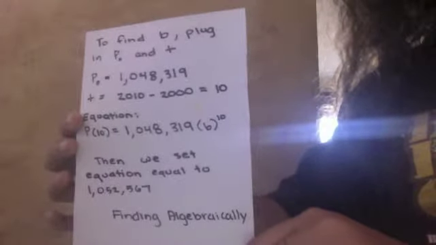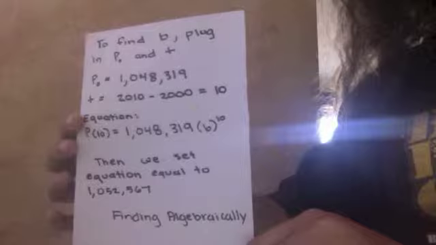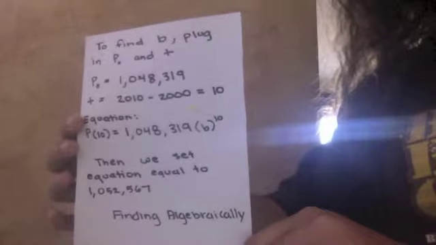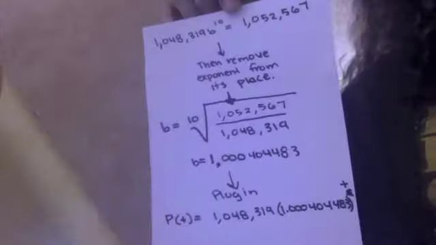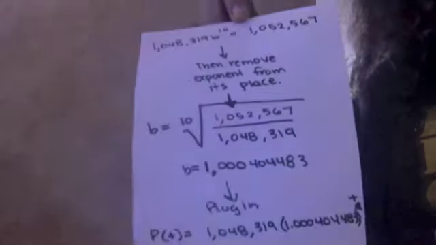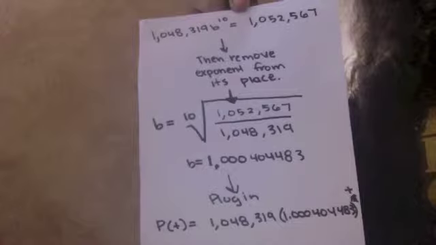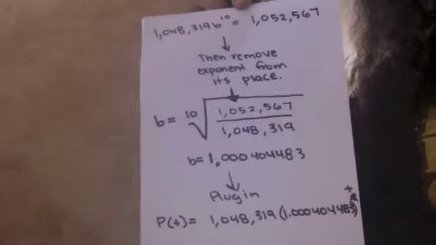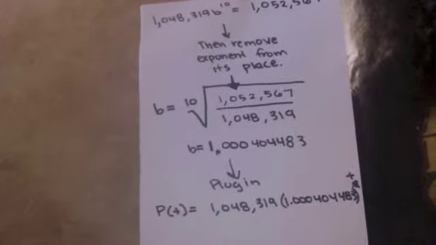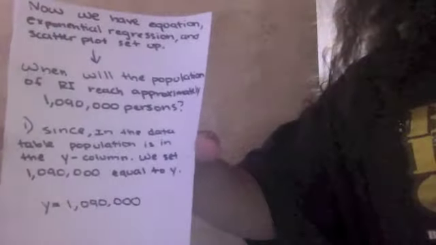So P of 10 equals 1,048,319 B to the 10. We will set this equation equal to 1,052,567. First, we're going to remove the exponent, and we are going to do it like it shows on the paper. After we find this, we plug in.